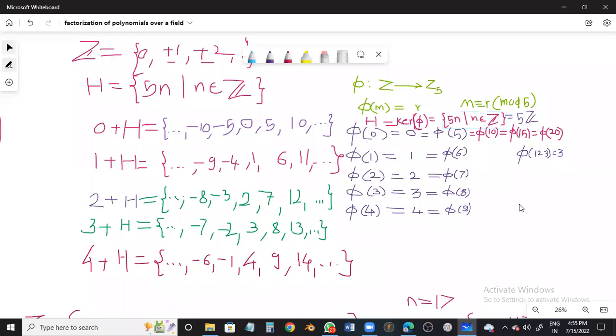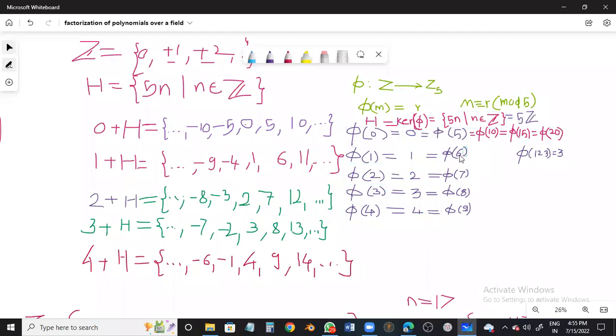Now, we just tried to collect the images under phi. Phi of 0 is 0, phi of 1 is 1, phi of 2 is 2, phi of 3 is 3, and phi of 4 is 4. Why? Because they leave these many remainders when divided by 5. Yesterday itself we have discussed this.